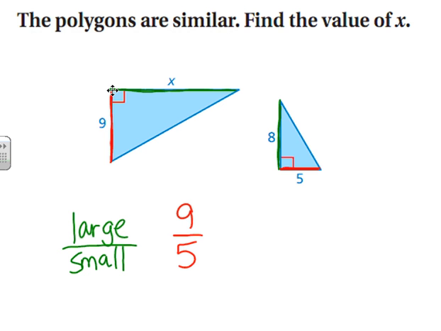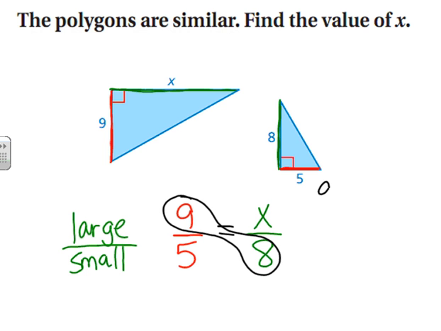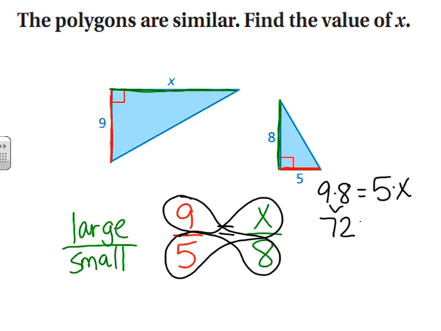The second one represents the longer side, so we will do x over 8. Put an equal sign in between to make it a proportion, and now we can solve. 9 times 8 equals 5 times x. So we get 72 equals 5x, and then we're going to divide by 5 on each side.